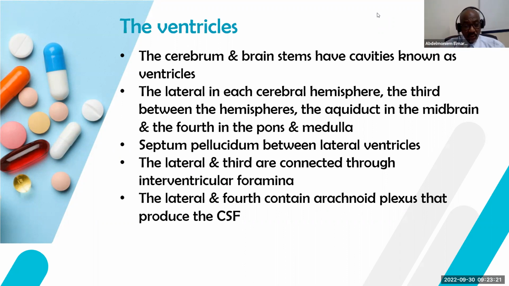The material is already there in the blood. Through a filtration process, something results, and this result is lymph, which is produced rather than secreted. Now, CSF is produced. CSF is an extraction of fluid from the blood, like lymph.